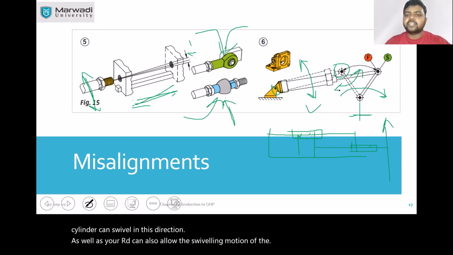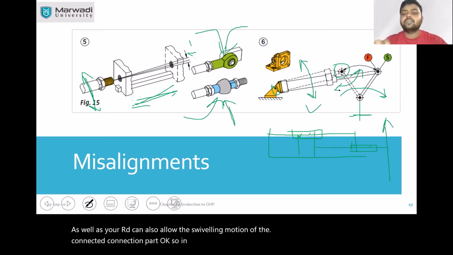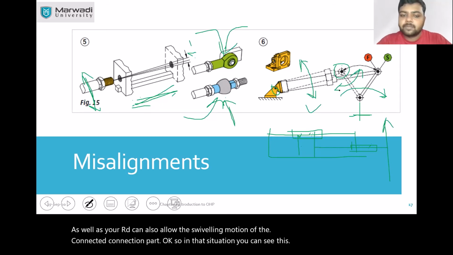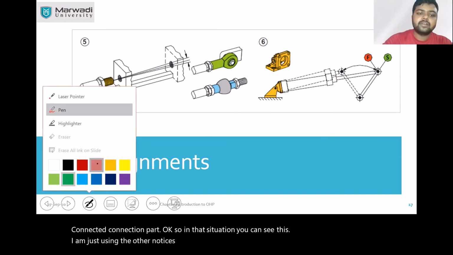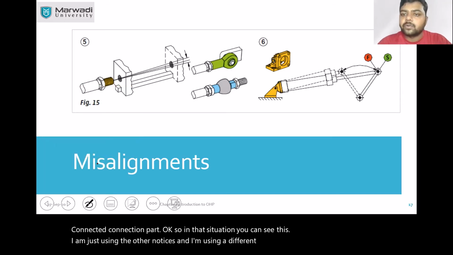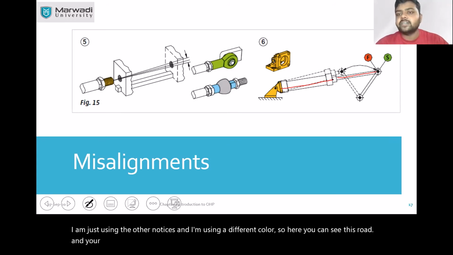In that situation, I am just erasing all the other annotations and using a different color. So here you can see this rod and your cylinder is never subjected to any force in the perpendicular direction.